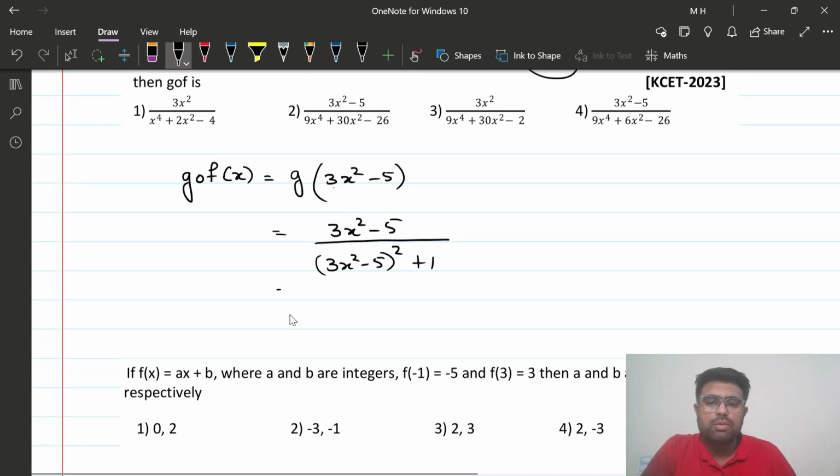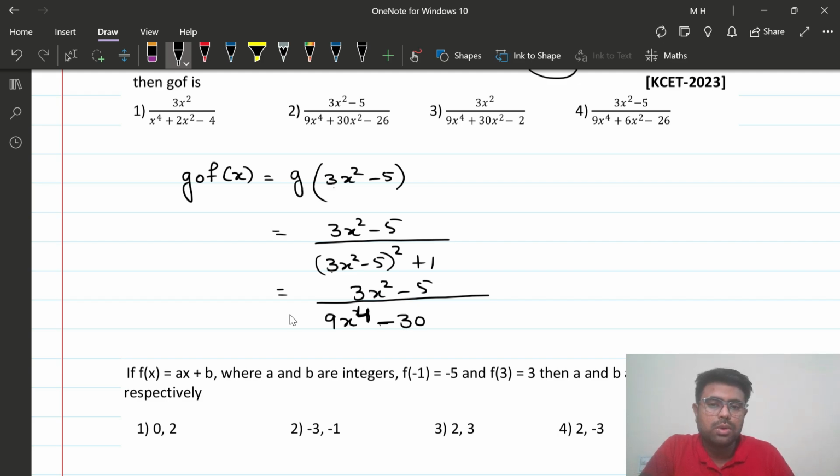Okay, so if I expand it, what will I get? It is 3x square minus 5 divided by, it is going to be a square plus b square minus 2ab. So it is a square, plus b square, I will write down later, minus 2ab. What is going to be minus 2ab? Minus 2 3s are 6, 6 5s are 30, minus 2ab, plus b square is 25 plus 1 is going to be 26.